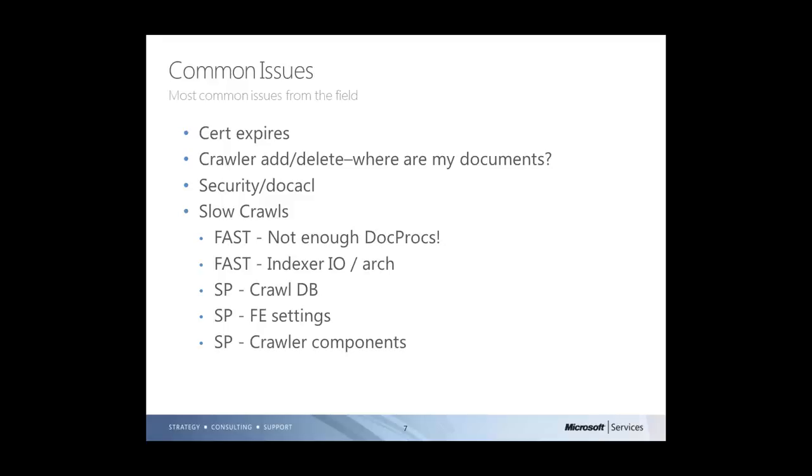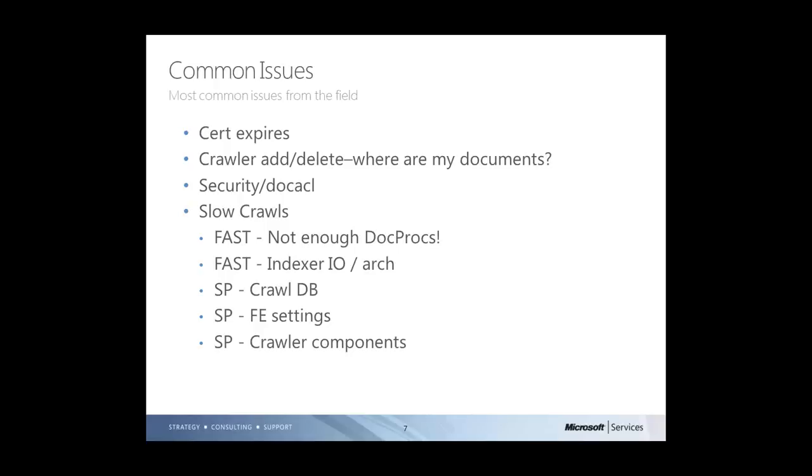Like I said, there's not a lot of FAST yet. But if you want to troubleshoot this issue and you are running FAST, I always say with troubleshooting, just divide and conquer. If it's a FAST issue, it's the FAST farm. If it's SharePoint, it's the SharePoint farm. So the easiest way with FAST is to shut down or suspend indexing in FAST. After you've run a full crawl, suspend the indexing, run the full crawl again, and see how long it took.